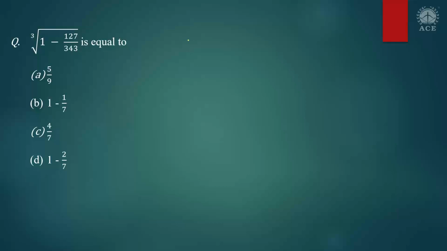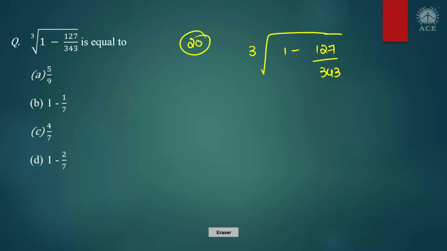Now, see this next question, 20th one. Cube root of 1 minus 127 by 343. Try this question, my dear friends. Cube root of 1 minus 127 by 343.